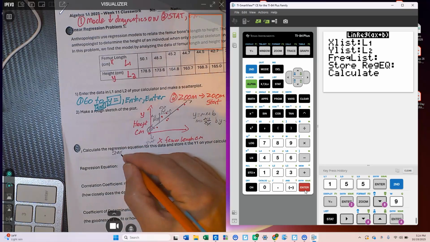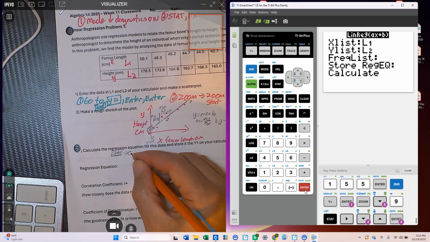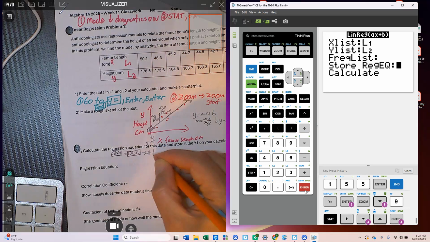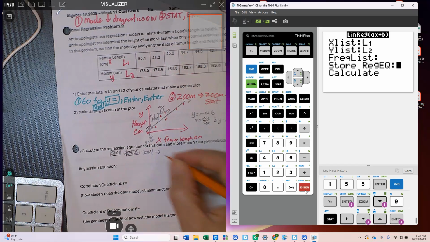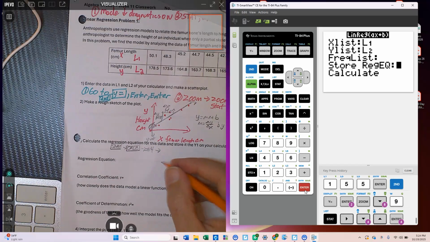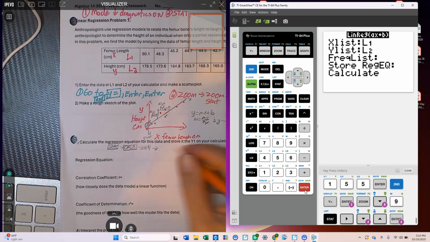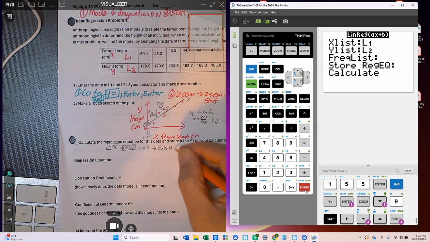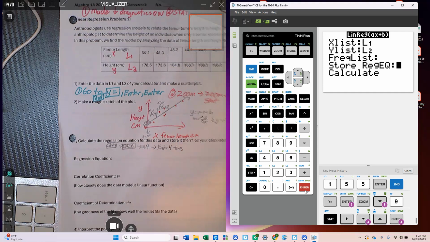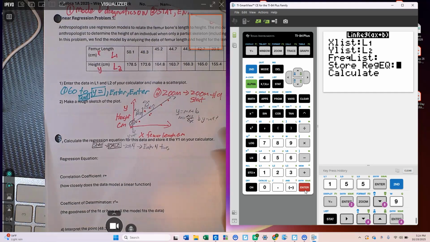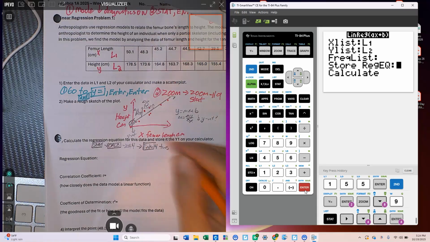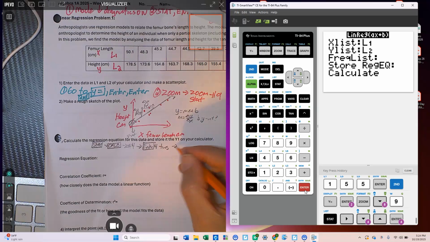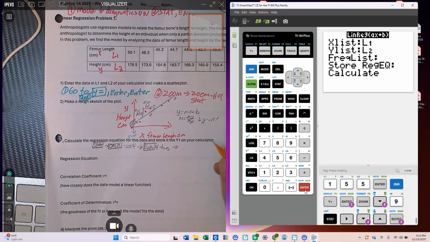So stat, right to calc, number 4. I pressed enter 1, 2, 3, 4. I enter 4 times. And then for store regression equation, well, we want to put it in y1.